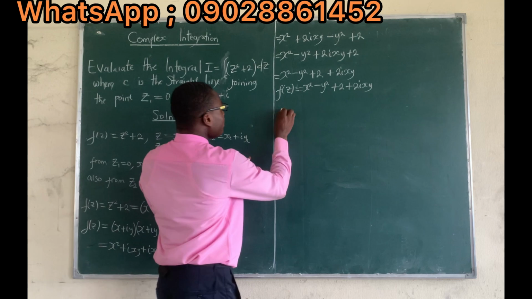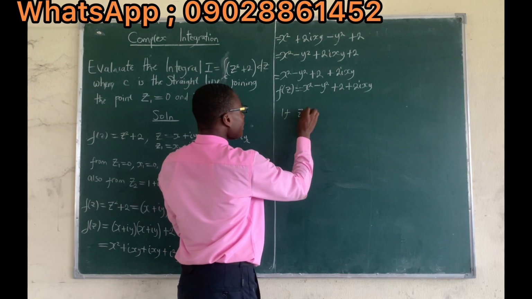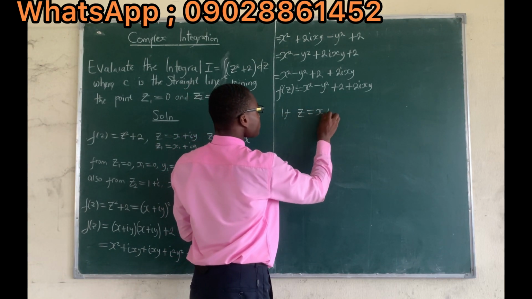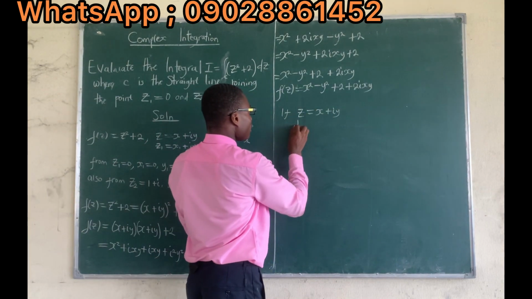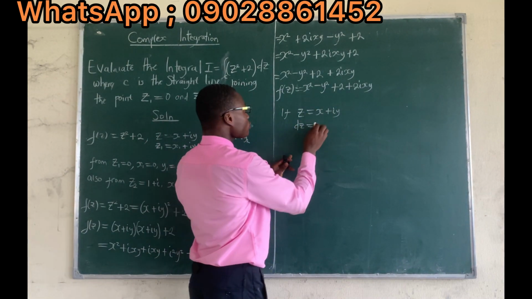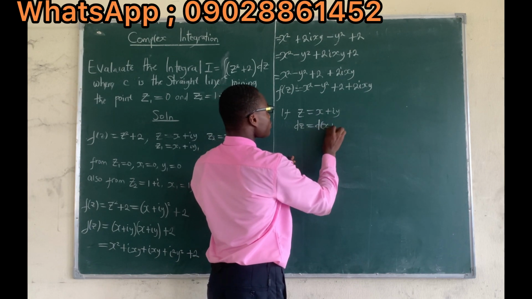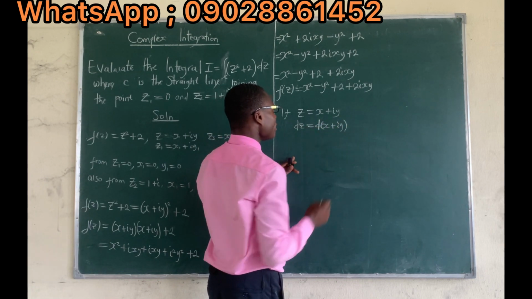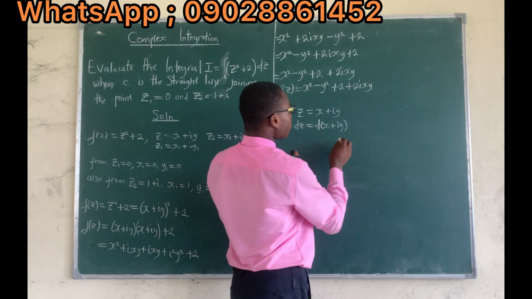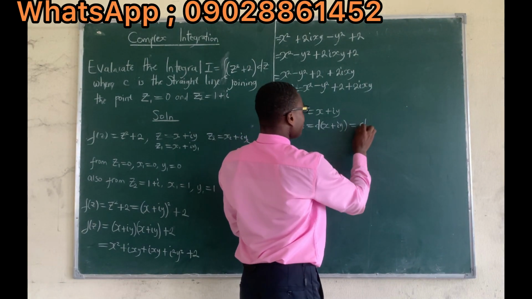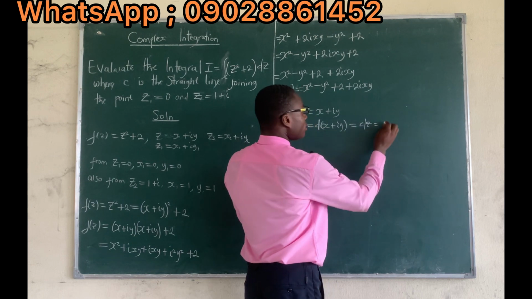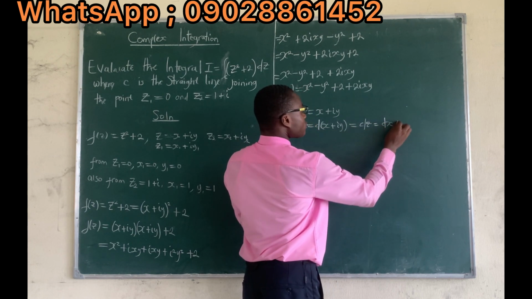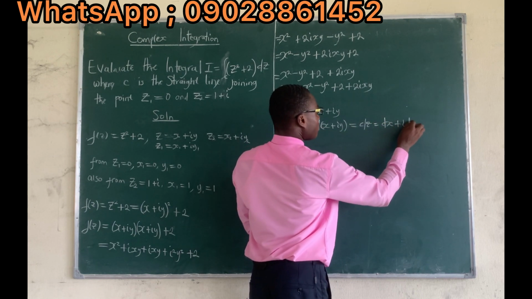If z is equal to x plus iy, multiplying out, we are going to have dz equal to dx plus i dy.